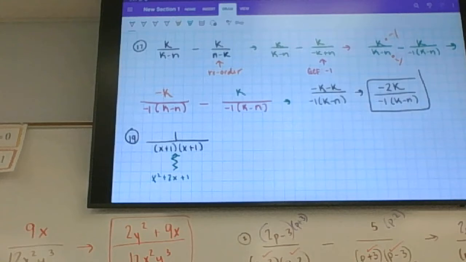So I'm going to factor the original denominator to x plus 1, x plus 2. So my common denominator will be x plus 1, x plus 1.